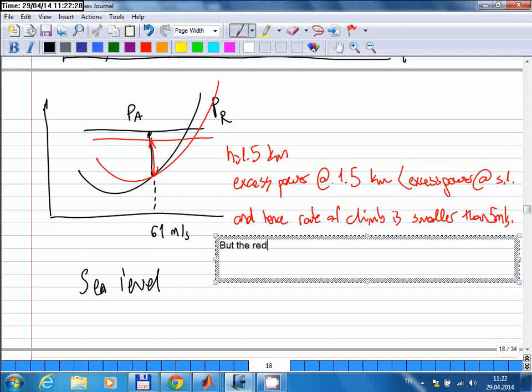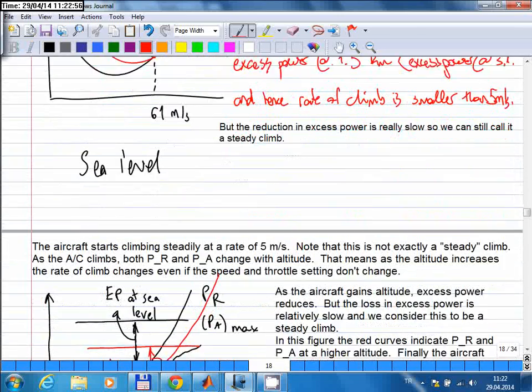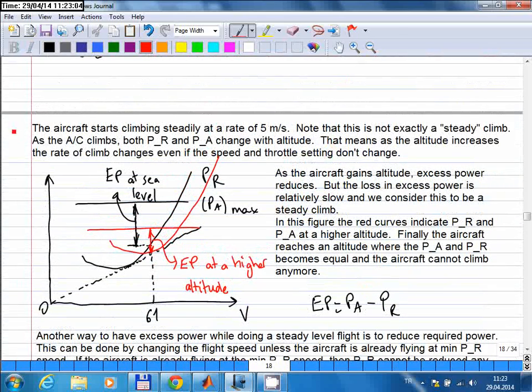But the reduction in power is really slow, so we can still call it a steady climb. So I guess that was already shown here.